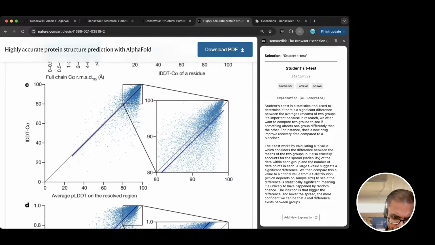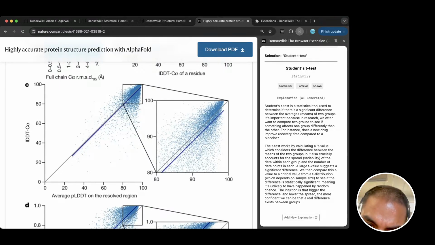Okay, this was the predicted LDDT, and this was the actual LDDT, right? And as it goes up, all the data points were almost here, and this is the line that they try to fit on the data.